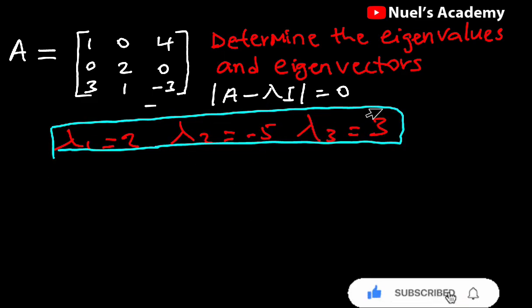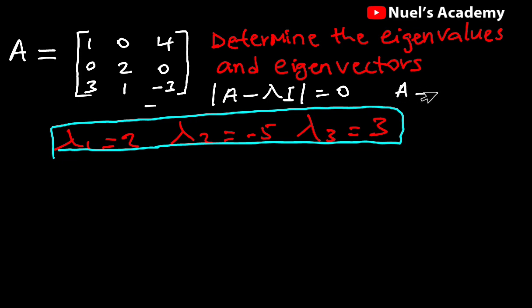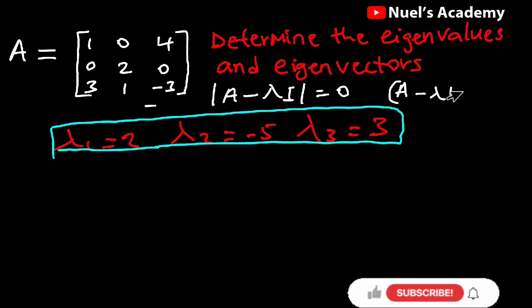Now the formula for eigenvectors is (matrix A minus lambda I) multiplied by x equals 0, where this x and 0 are in vector form. So let's perform the operation. We have A minus lambda I multiplied by x equals 0.